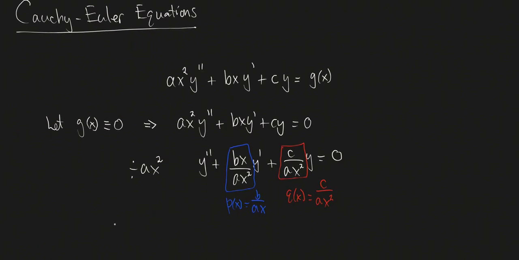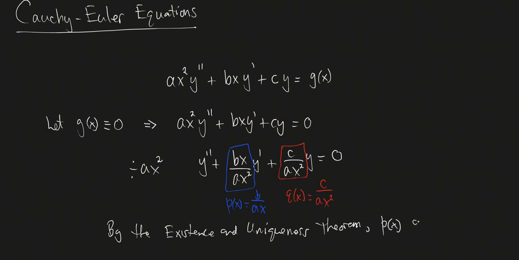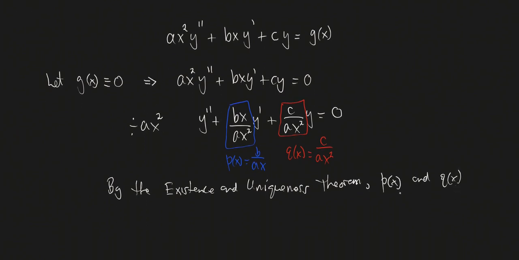So by the existence and uniqueness theorem, and again, this is for our second order linear equations, p of x and q of x must be continuous, right? Again, that's assuming we want to apply this theorem. P and Q must be continuous.